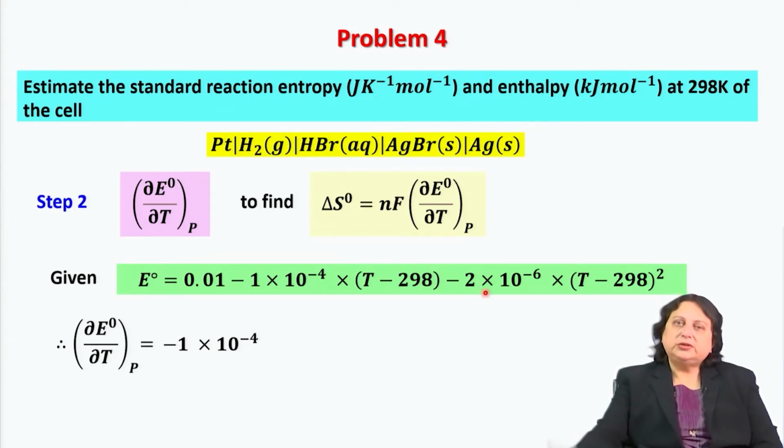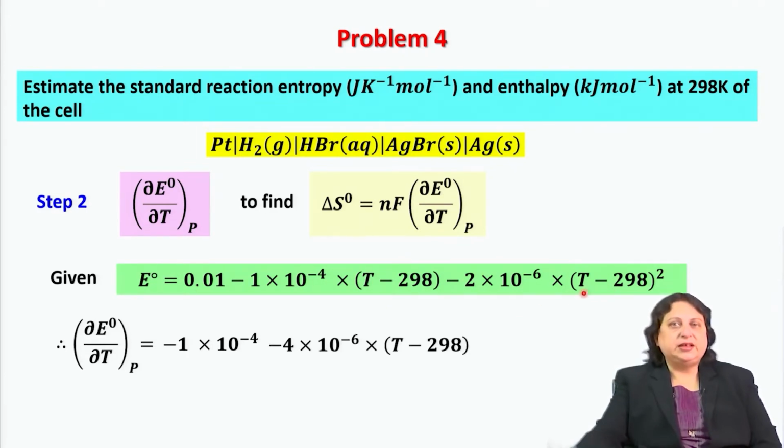Now, if I look into the second term, that is minus 2 into 10 to the power of minus 6 multiplied by T minus 298 whole square. When I take a temperature derivative of this term, this 2 comes down, so it is 4 into 10 to the power of minus 6 into T minus 298, a simple derivative.